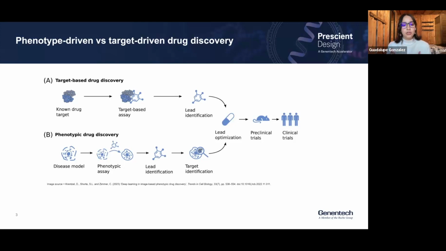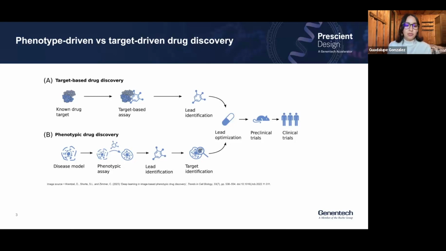And when we have a good result here, then we say that we have a lead, which means a small or large molecule, an agent that can be potentially optimized to then go into preclinical and clinical trials. So that's what a lead is. It's an agent that shows some promise to be a potential therapeutic.